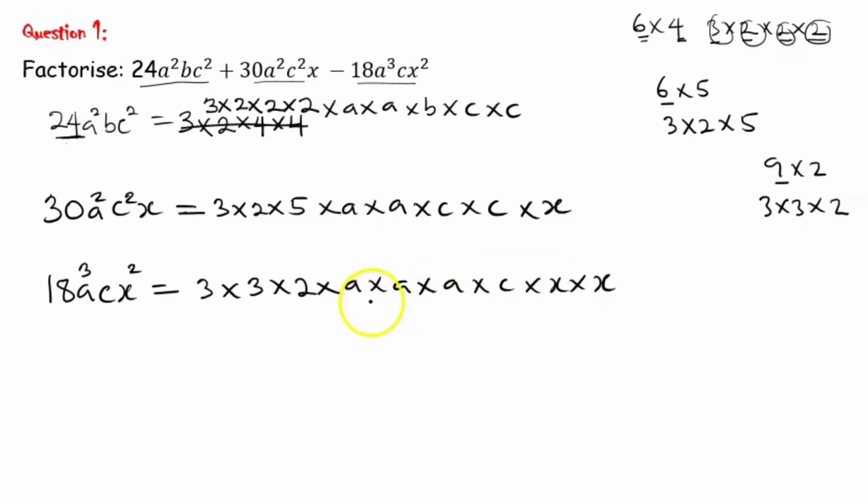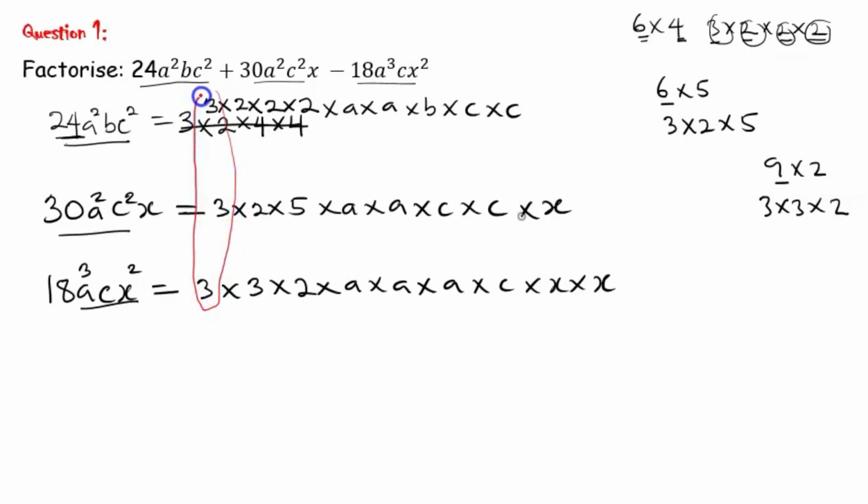We've been able to list out all the factors that are here. The next thing we'll be checking is the one that is common to the 3 of them. The first one I can see is 3. This 3 is very common to the 3 of them.